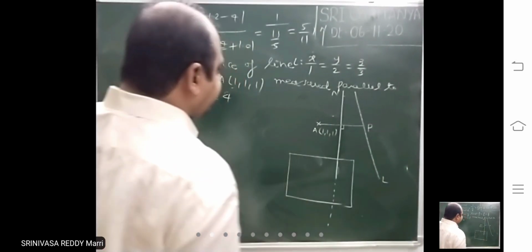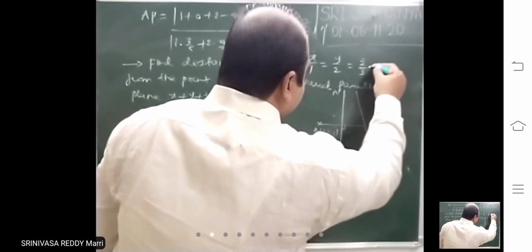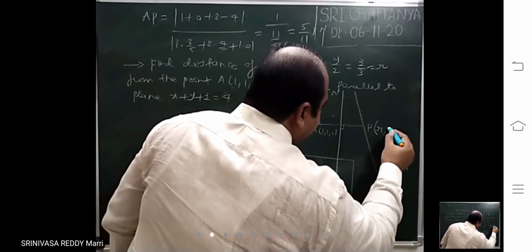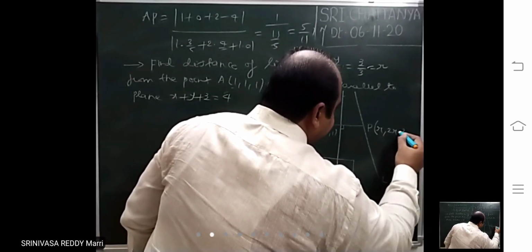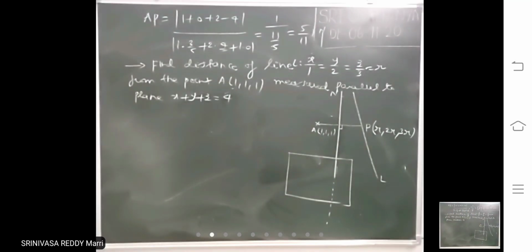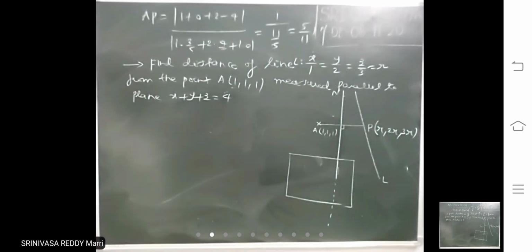Now L line is given to you. P I have to find out. Take this as R. So P point is R comma 2R comma 3R. If you find this point, then you can calculate what is AP distance.